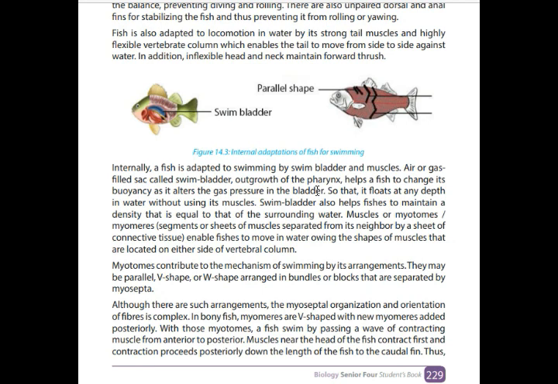They may be parallel, V-shaped or W-shaped, arranged in bundles or blocks that are separated by a myoseptum.